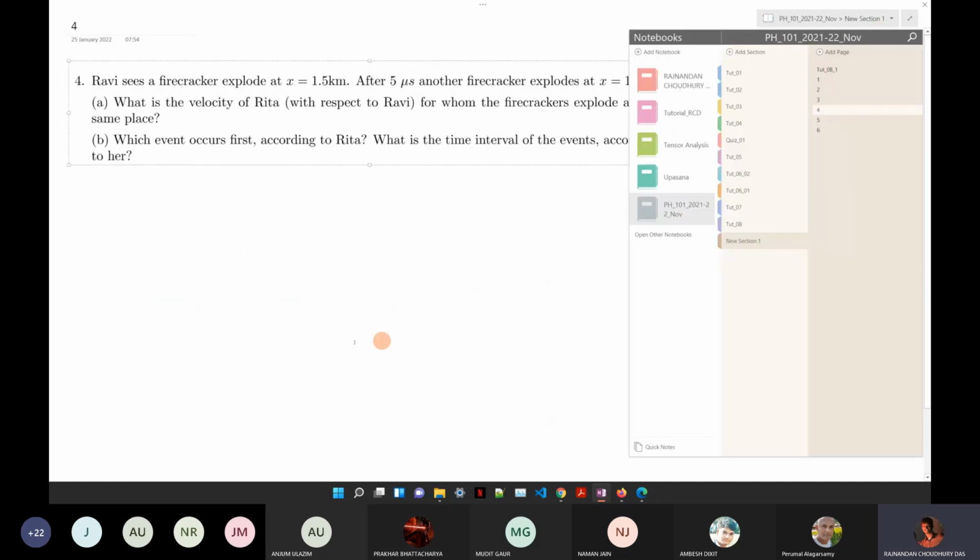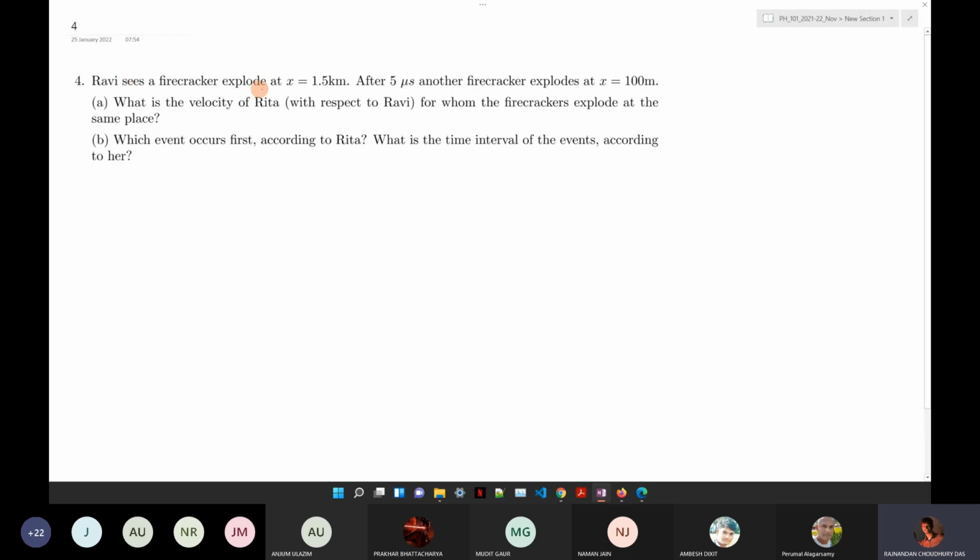Next, question number 4. So Ravi sees a firecracker explode at this place. There is one event which is occurring at xA equal to 1.5 kilometers. We can assume that this event has occurred at t equal to 0. Then after 5 microseconds, another event is occurring, and it is occurring at 100 meters.